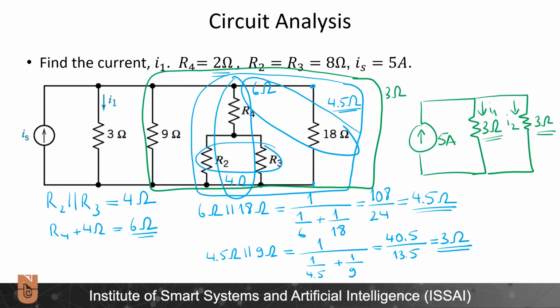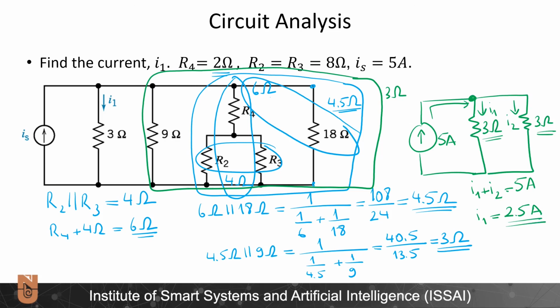And here I have 5 amperes going this way. So I can write Kirchhoff's current law for this node, which will be I1 plus I2 is equal to 5 amperes. And noting that I1 is equal to I2, I1 will be equal to 2.5 amperes.